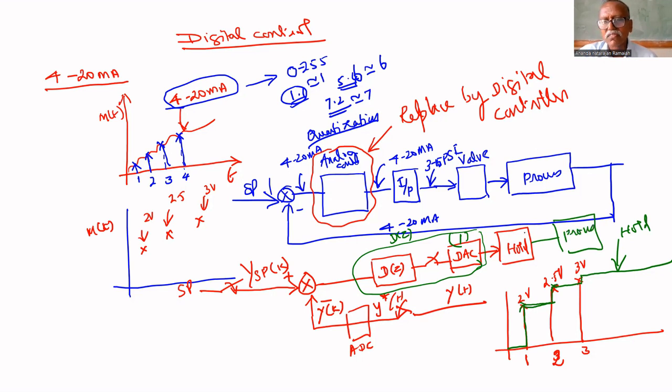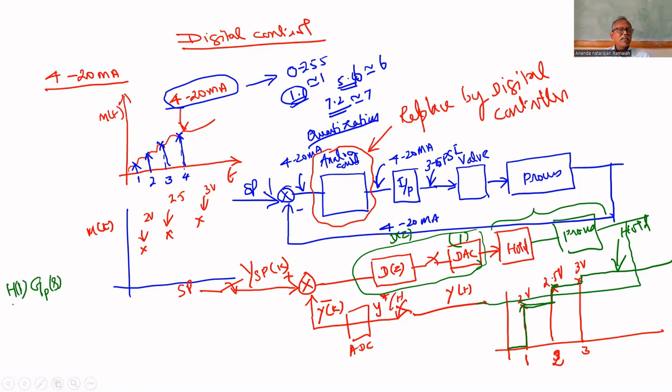Then this is the process. That's why in a digital control system, the process is not alone. It is with a hold circuit. That's why while considering a digital control system, we should consider GP of S and H of S together.